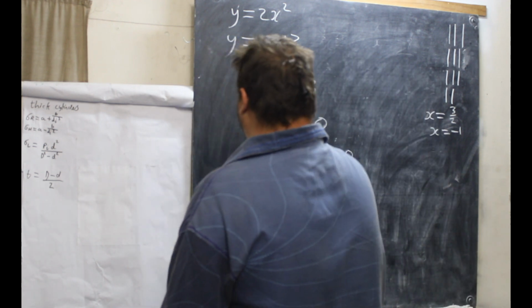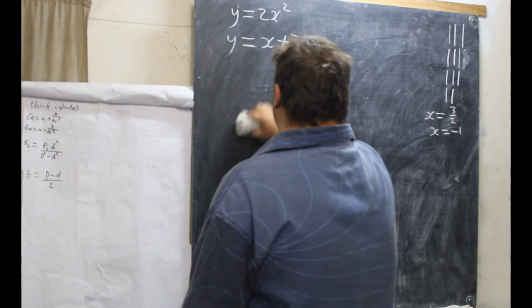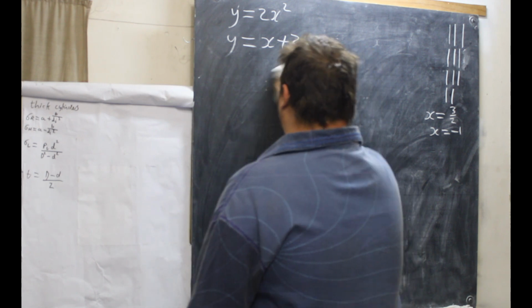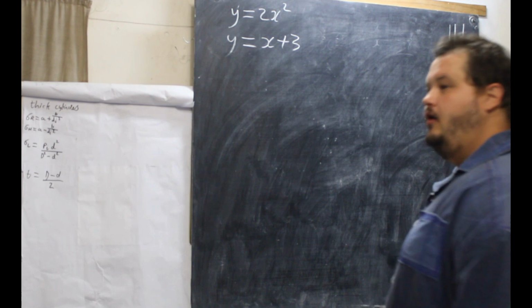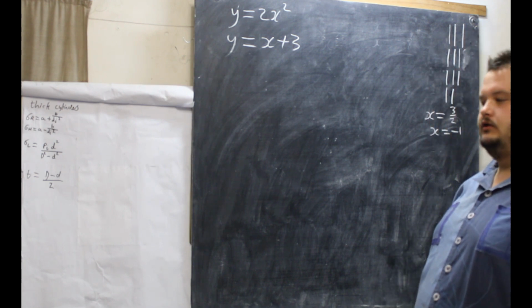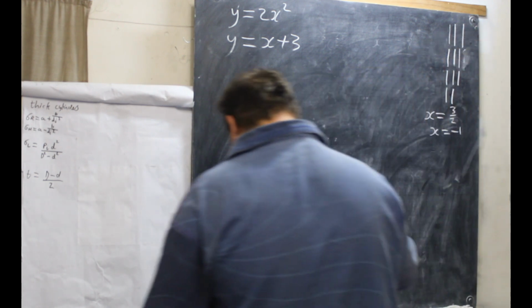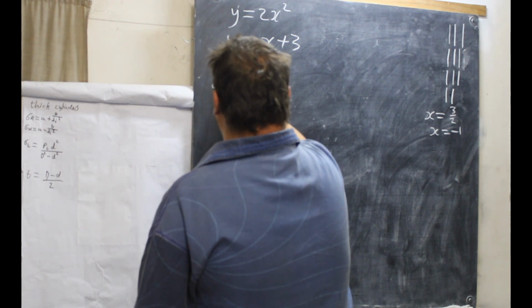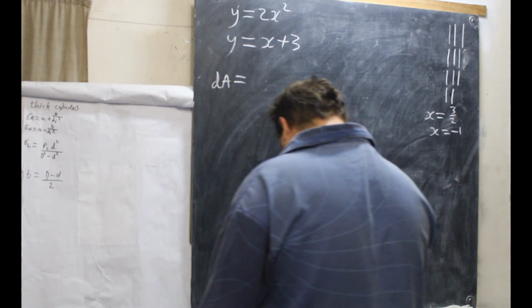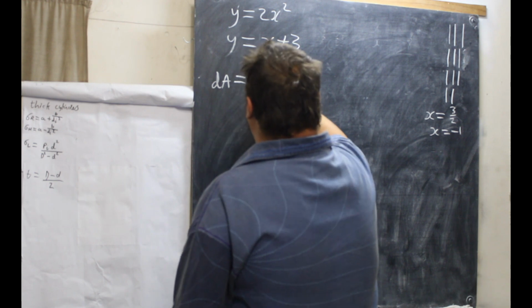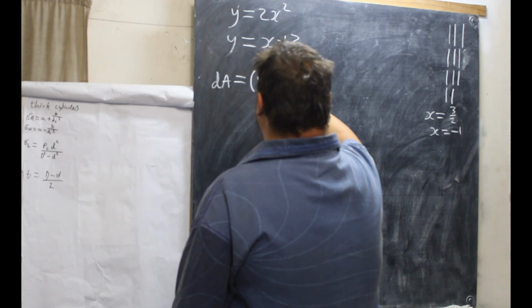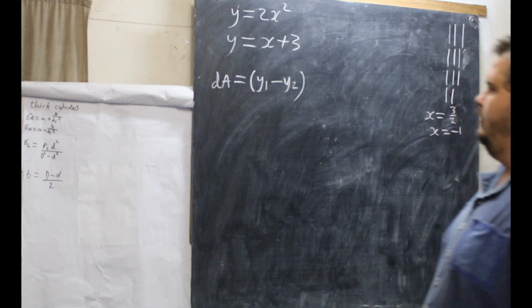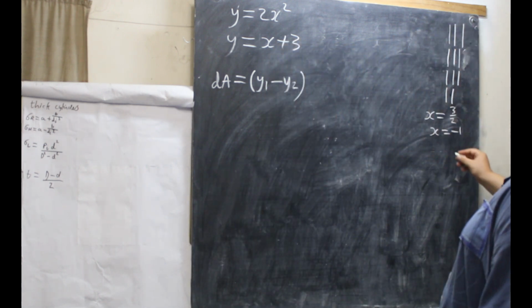Now that we've got that sorted, our next step is to gain our area. We're going to sort out our area. So dA equals y1 minus y2. Remember that.